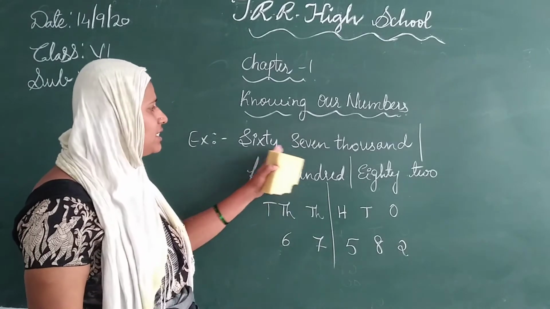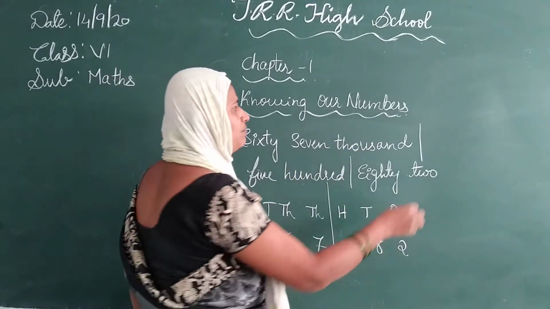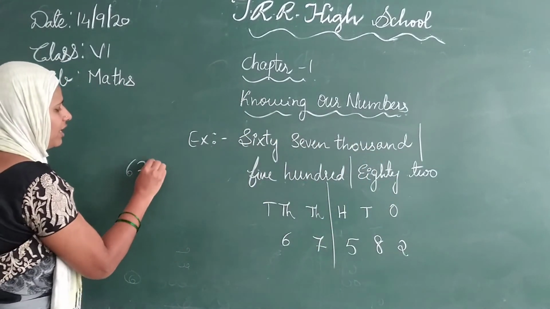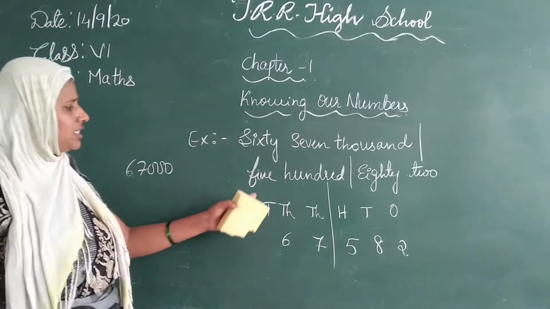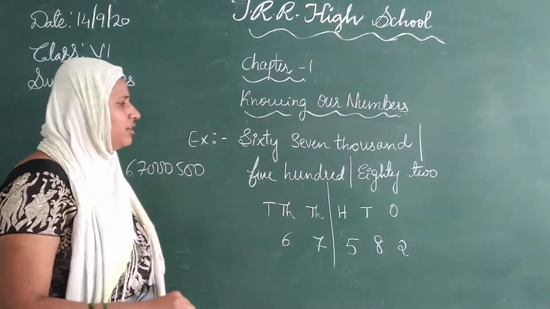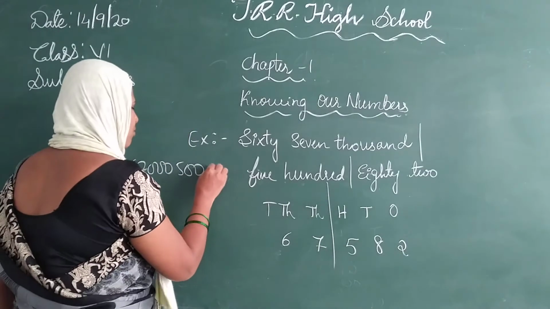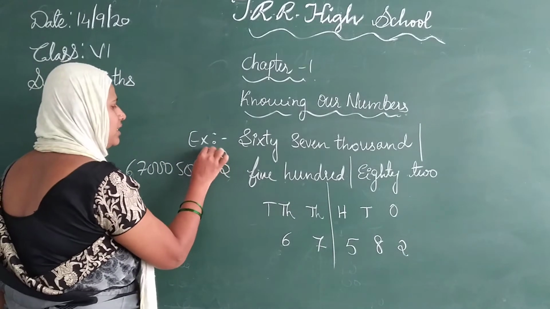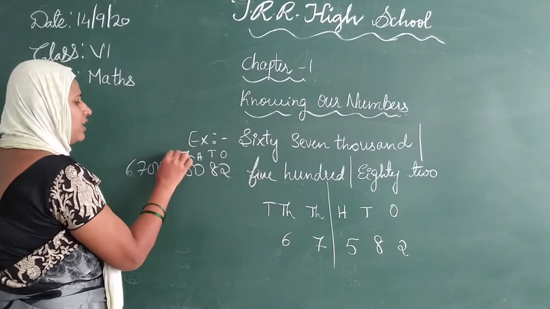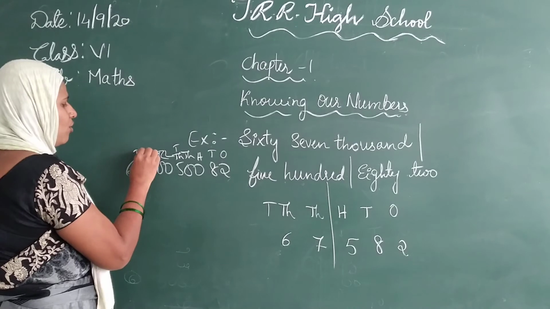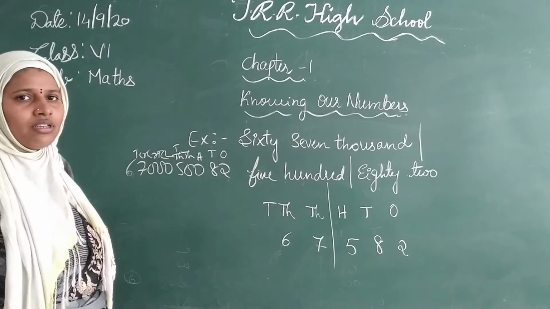67,000 means here somewhere in this way. 67,000. Next 500. 82. Now you write the place values: ones, tens, hundreds, thousand, 10,000, lakhs, 10 lakhs, crores, 10 crores, and it goes.